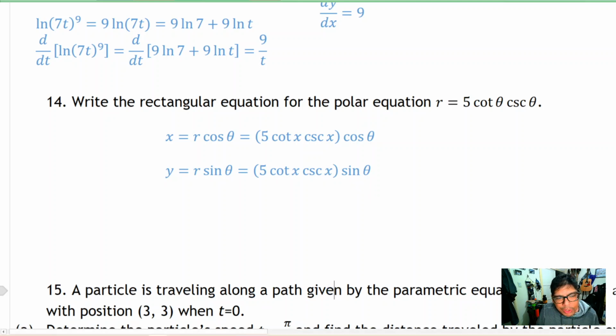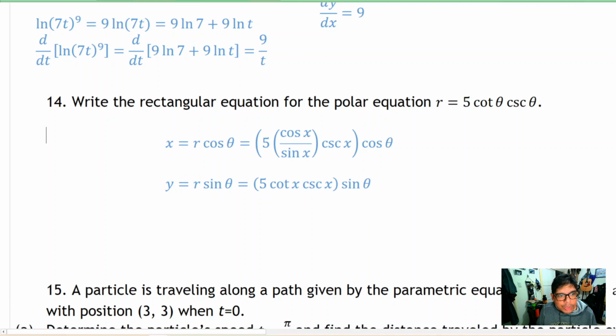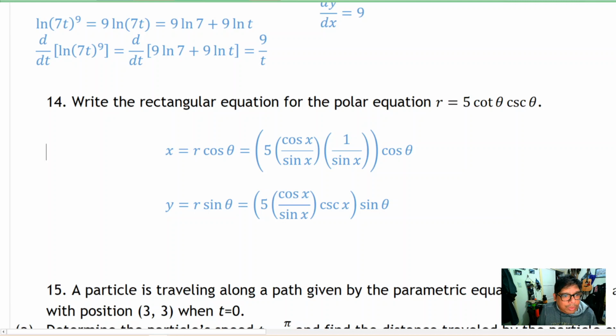Now, it might be easier to see what's going to happen if I take all the cotangents and cosecants and write them in terms of sines and cosines. First with the cotangents, and then with the cosecants.